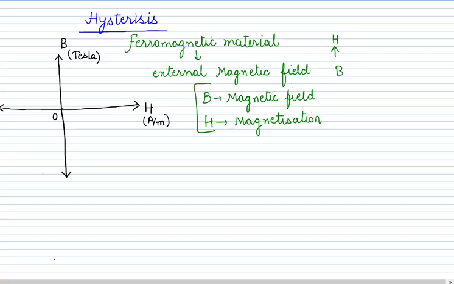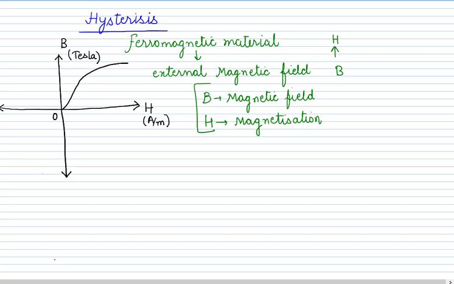So if we go from this point or region O, then our magnetic flux density increases as such.